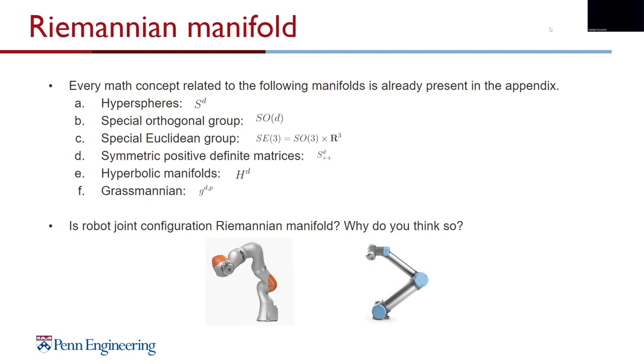Any dimension, 3, 4, 5, 6, 7, 8, of SO(3) and SO(n), is a Riemannian manifold, and Euclidean space, of course, is also kind of a Riemannian manifold. Any SPD matrices are Riemannian manifolds, and any size of the positive semi-definite matrices are Riemannian manifolds.